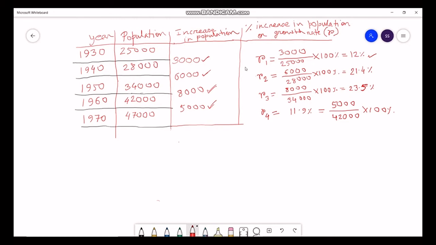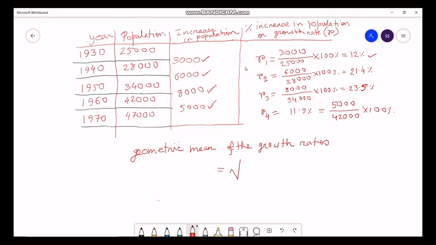So now we have to calculate the geometric mean of the growth rates. And how do we do this?